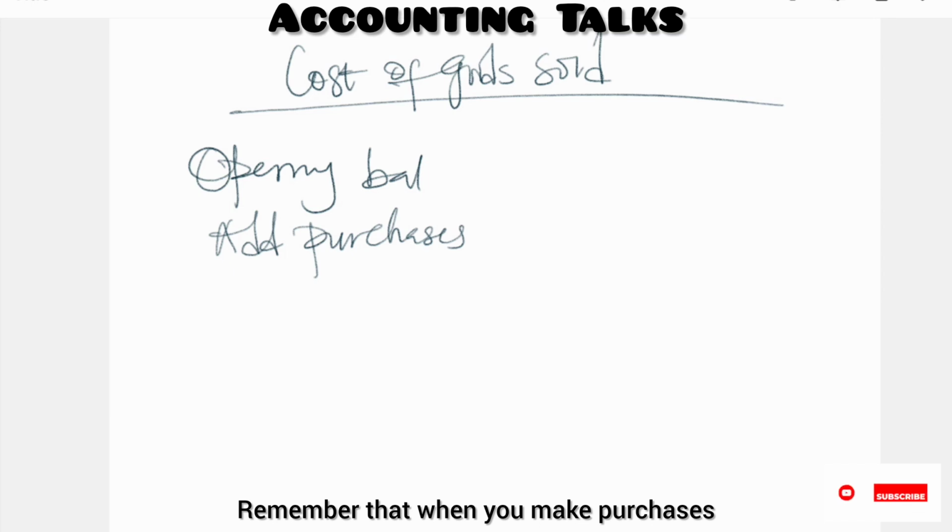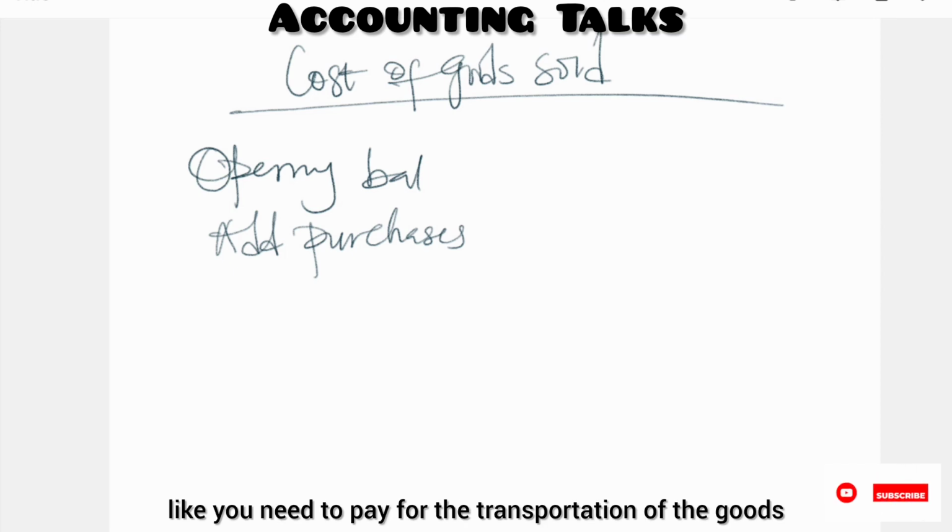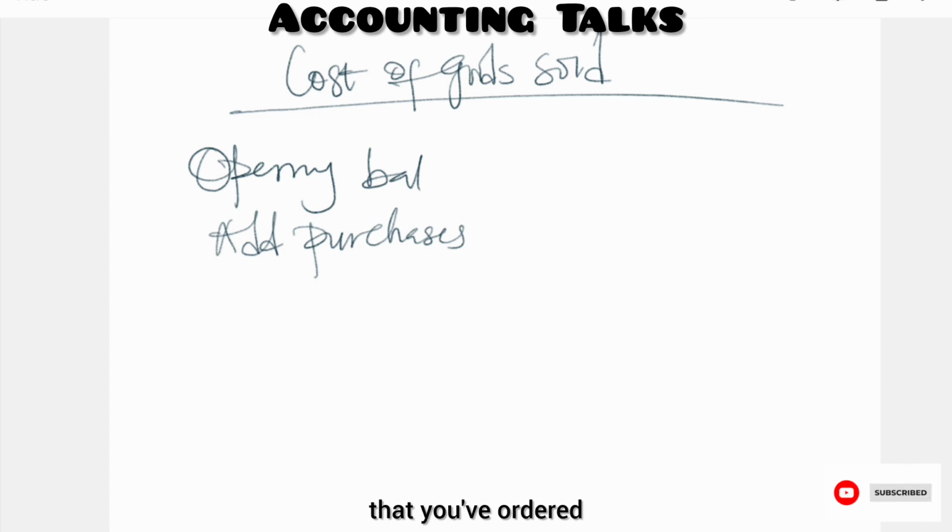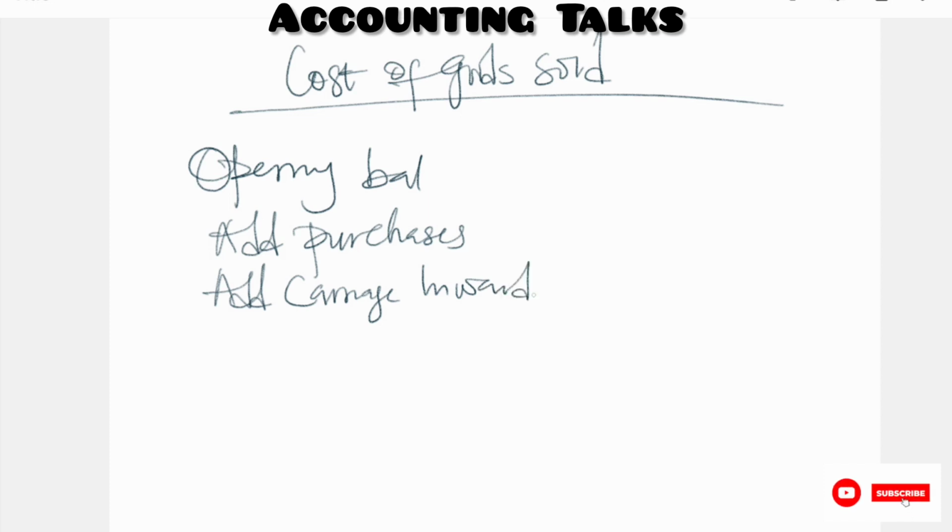Remember that when you make purchases, it comes with other costs, like you need to pay for the transportation of the goods that you've ordered. And that is also added here. You add carriage inward.